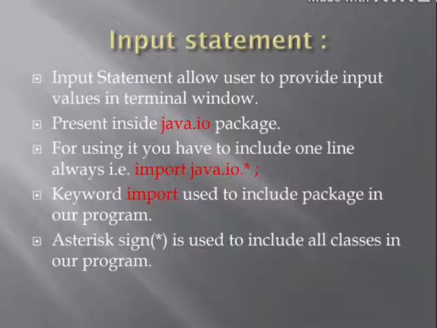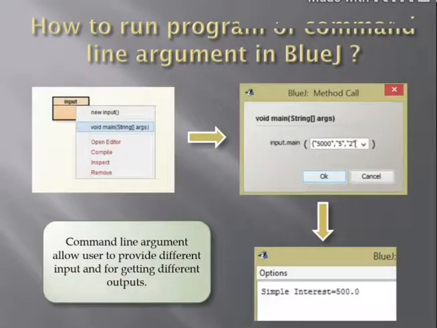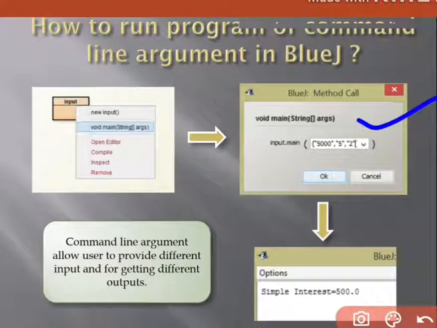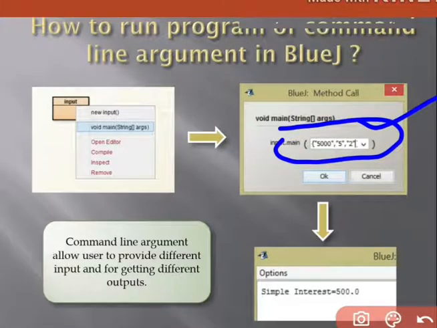Now in the input statement, what happens? Basically, everything we get as output is present in the terminal window. The input statement always provides us value in the terminal window only, but the input statement allows us to accept values in the terminal window also. Previously we were not accepting values in the terminal window. Previously we were accepting values in a dialog box. See, this is a dialog box. Previously we were accepting values in a dialog box.